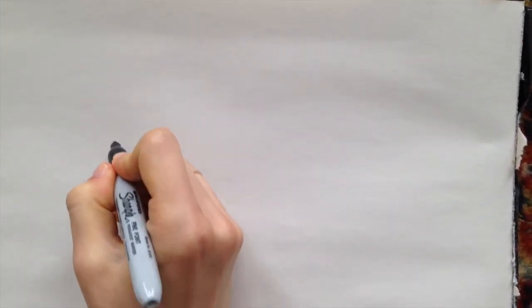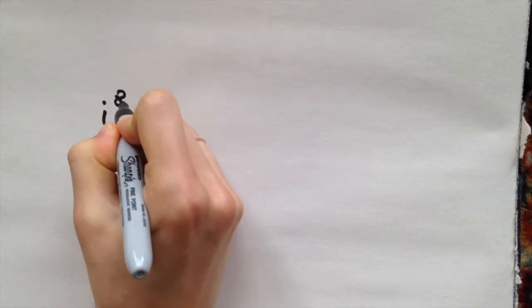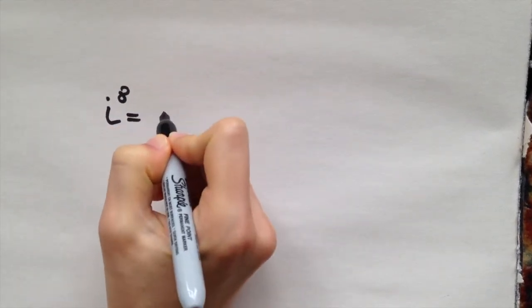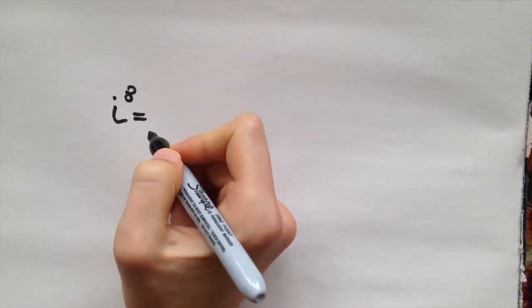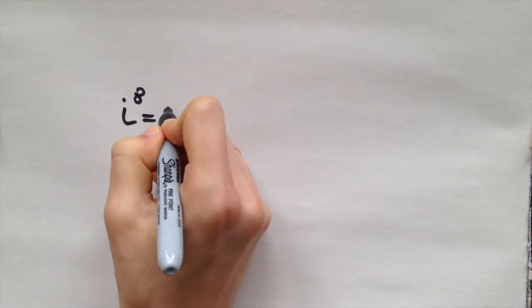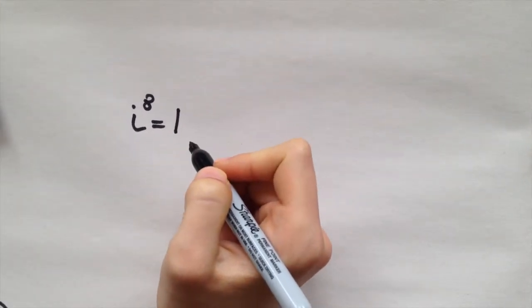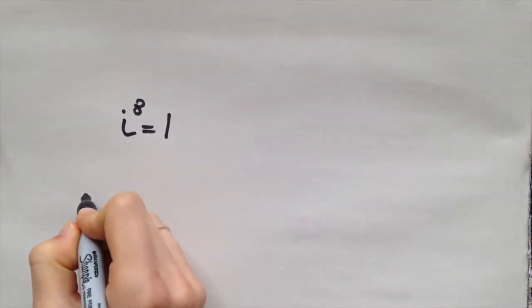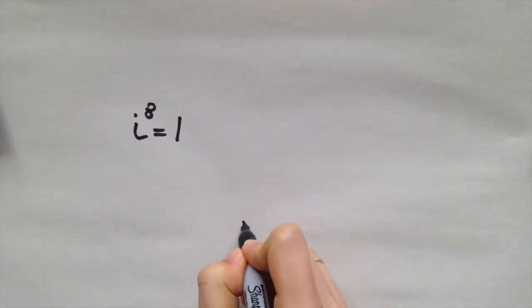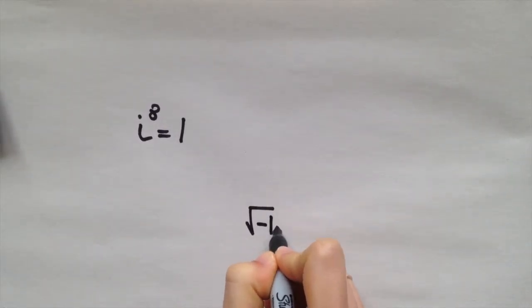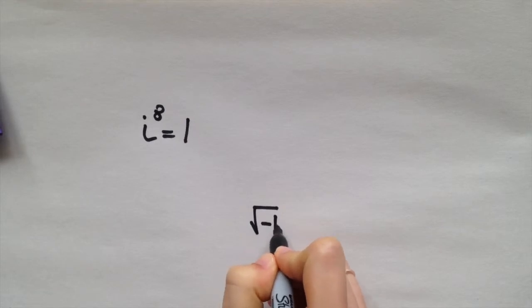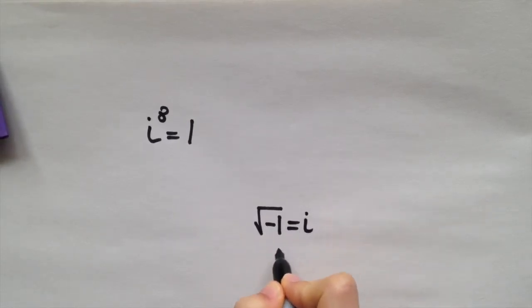i's can also be used in exponents, such as i to the power of 8. And i to the power of 8 equals 1. Why does it equal 1? Okay, so we know that the root of -1 equals i, right?